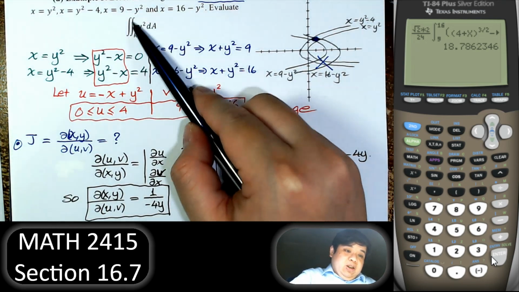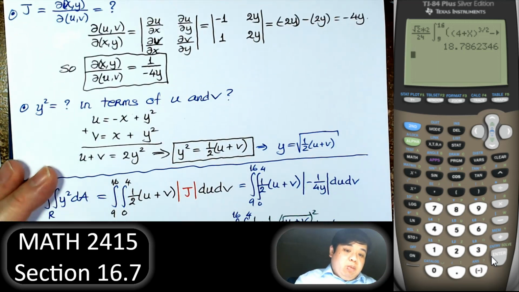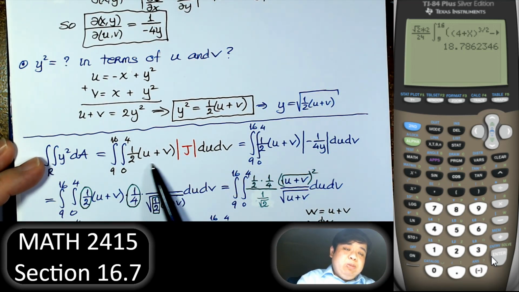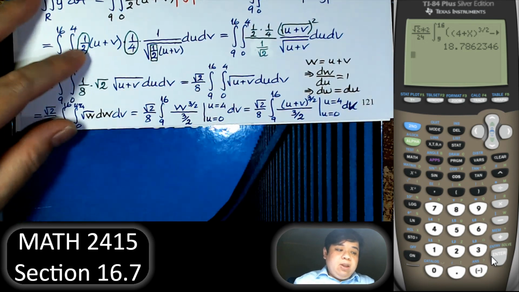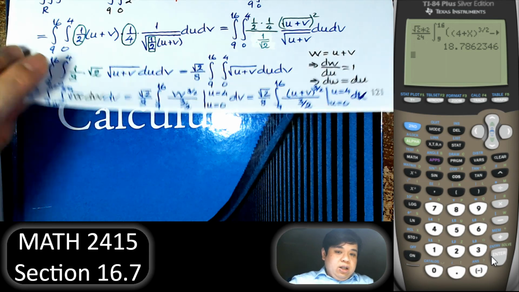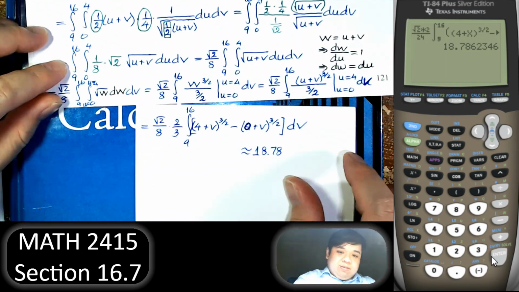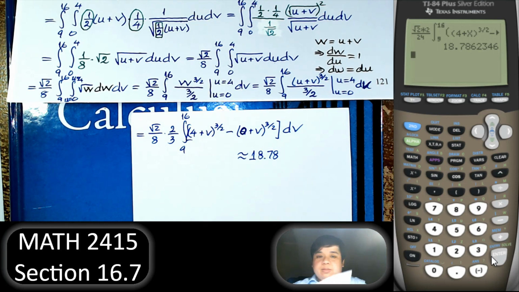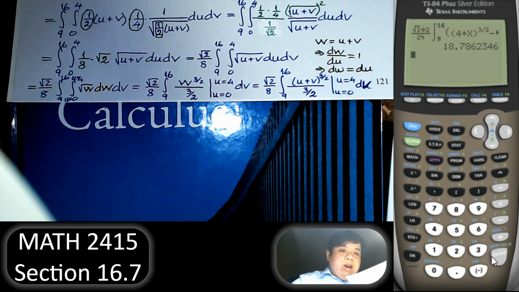Usually we should have an easier function to deal with. This problem is a little more complicated. But the function has to be in terms of u and v. And we evaluate that. So those are change of variables with 2 variables.